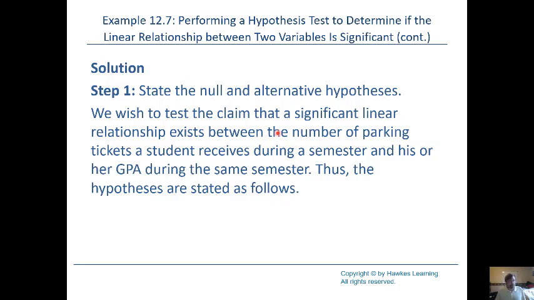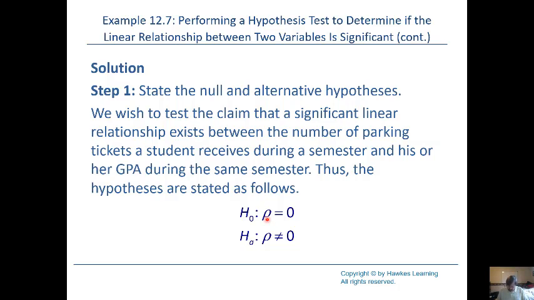So the null hypothesis would be that there is no linear relationship, so rho equals 0. I need to double check because this looks like it should be an r, the correlation coefficient, I would think. No, they've got it.